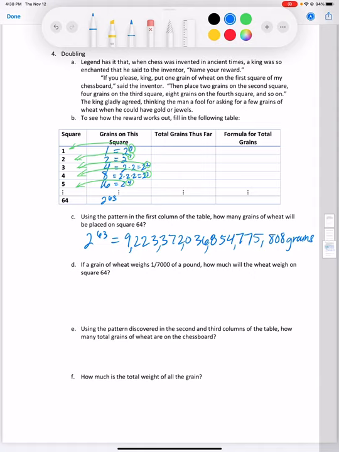So it's all this many grains. What we have here are the hundreds, thousands, millions, billions, trillions, quadrillions, and quintillions. So you have 9 quintillion grains of wheat.